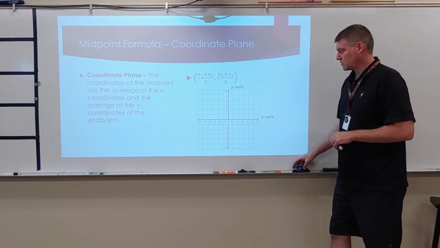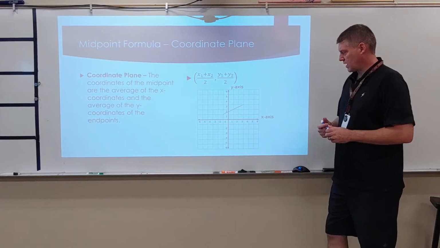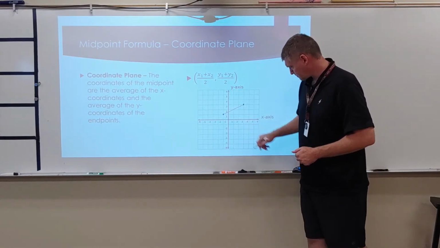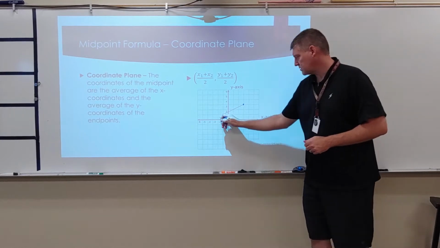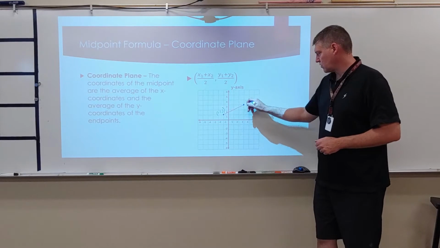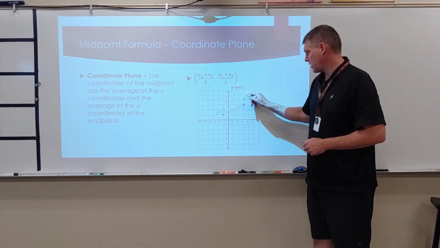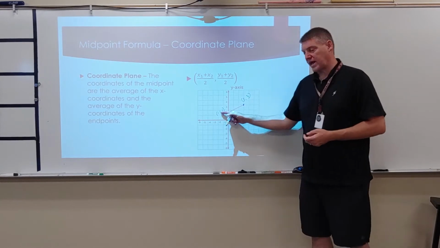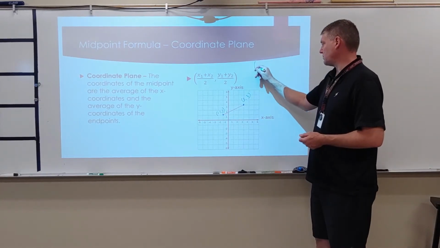Okay. So here's our item here, and I'm not sure if this is showing up too well, but there's our two endpoints. So this is going to be -1, 1, and this is going to be 3, 3. And I want to find the midpoint. So to do that, I'm going to take my x coordinates and add them together.